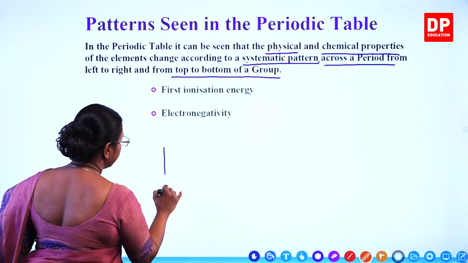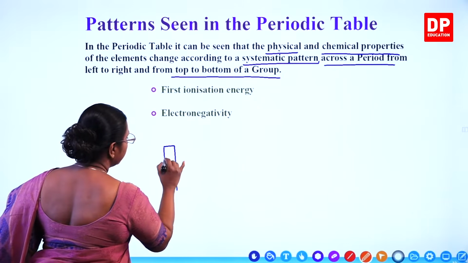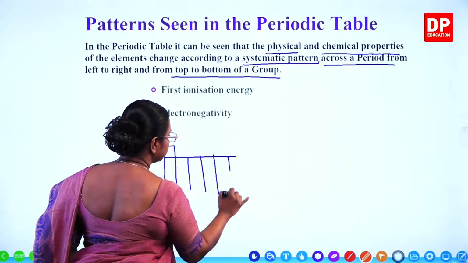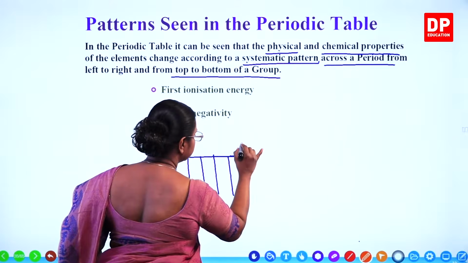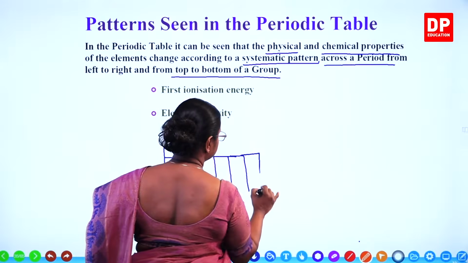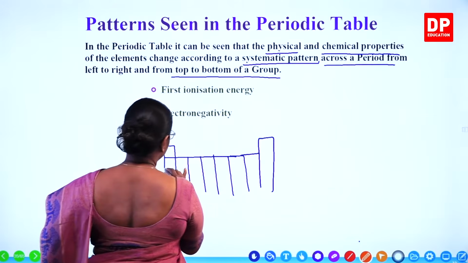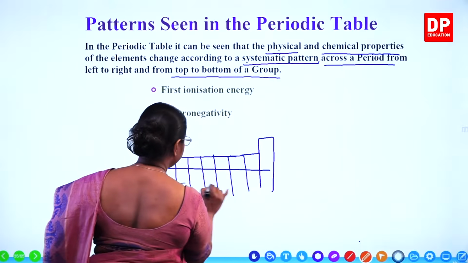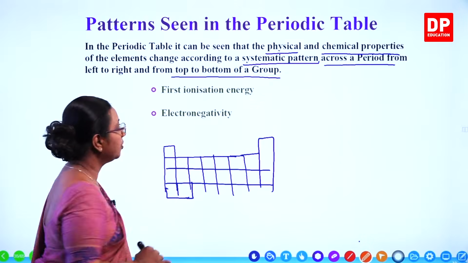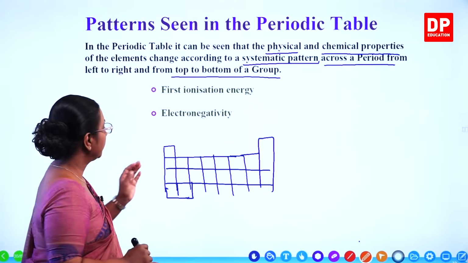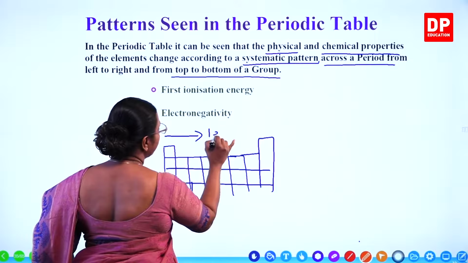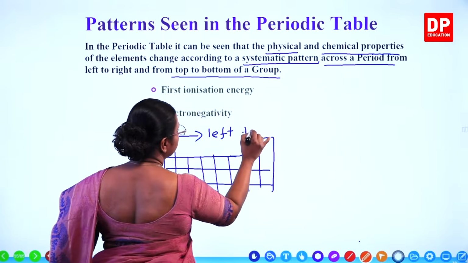So, if we draw the simple format of a periodic table, you need to have 8 groups and the 4 periods. So, here this is across the period from left to right.